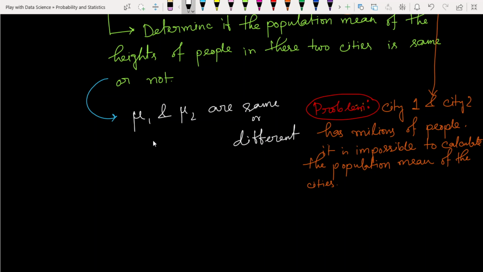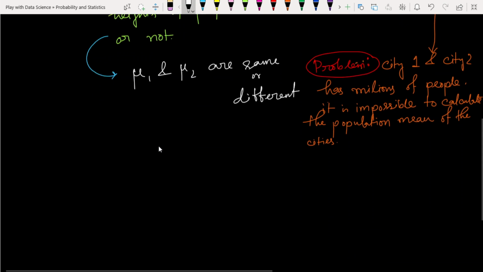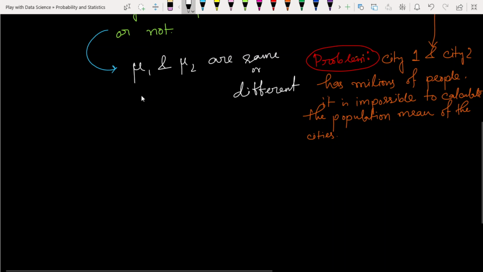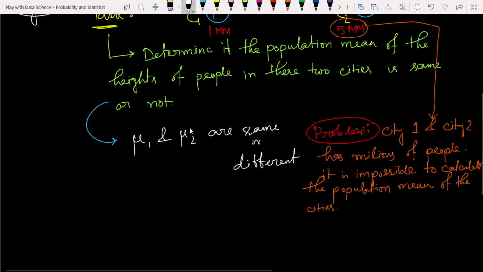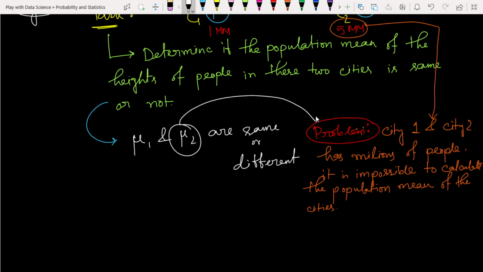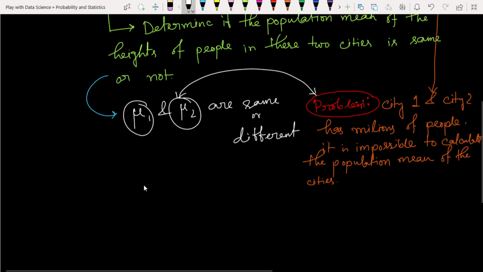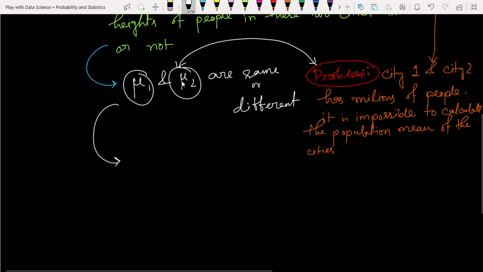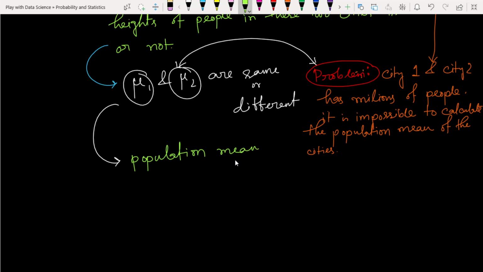Since finding mu1 and mu2 is problematic, the solution is that instead of using the population mean, we use the sample mean.